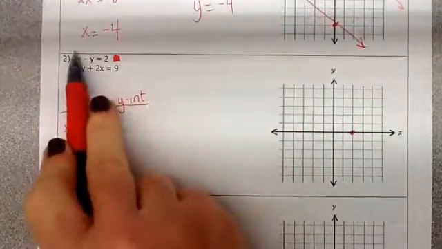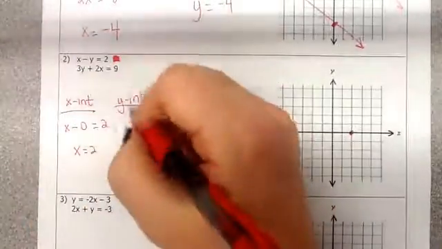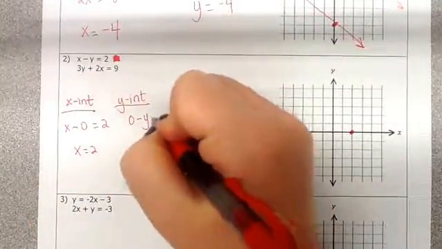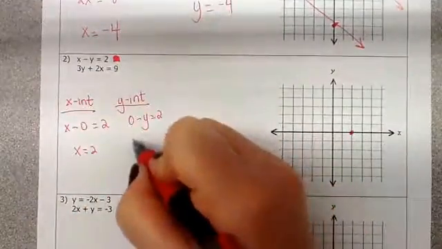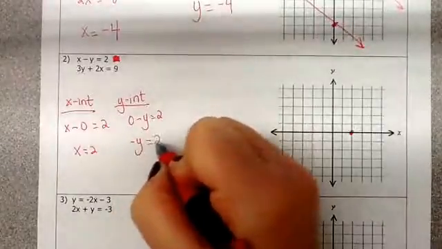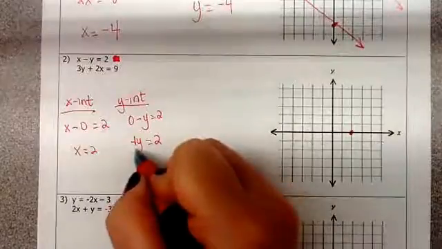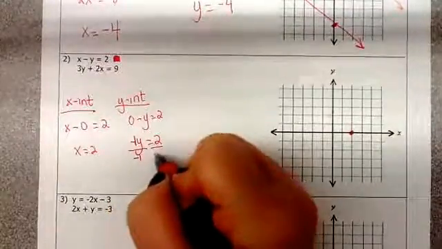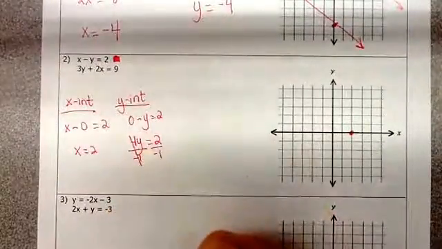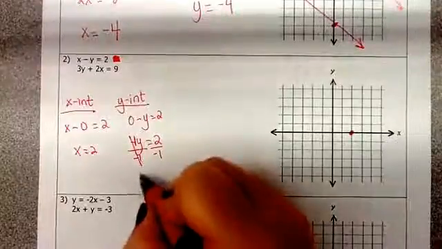Plug in 0 for x, which is just negative y equals 2. There's a negative 1 out front, so what must we do? Divide by negative 1.